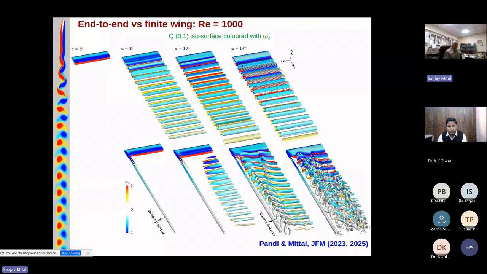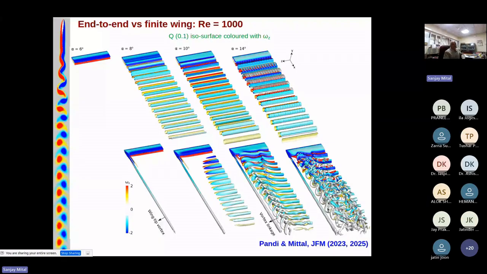So this is an airfoil, an end-to-end airfoil where there is no finiteness, so there is no wingtip vortex. So the flow is three-dimensional but very nice, regular. But the moment you have this wingtip vortex, it interacts with these vortices, and you get these very interesting flow structures.